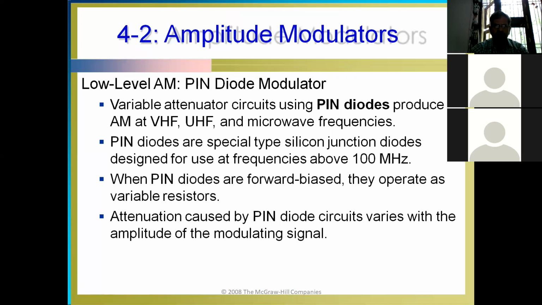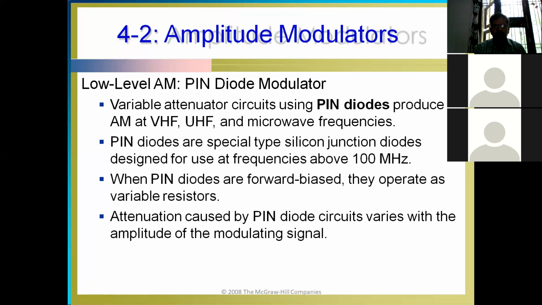So the PIN diode is used at very high frequencies in the range of VHF, UHF and microwave. Microwave is in the range of gigahertz, and UHF and VHF are in the range of megahertz.